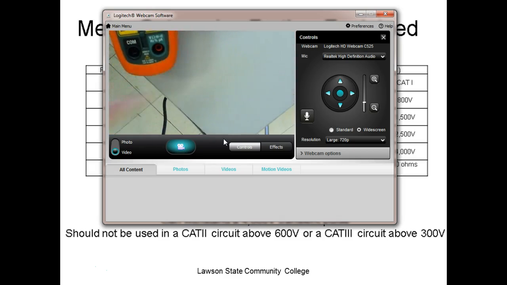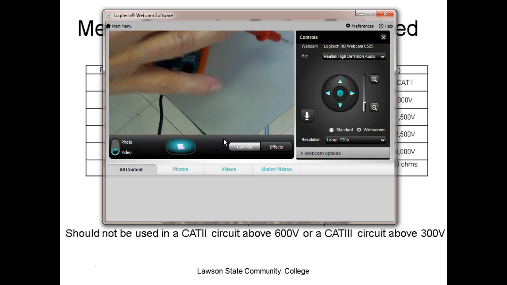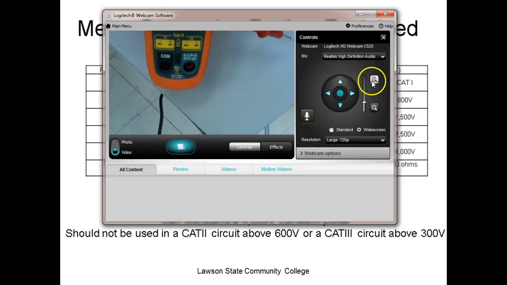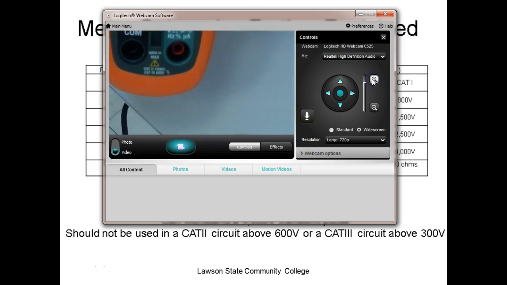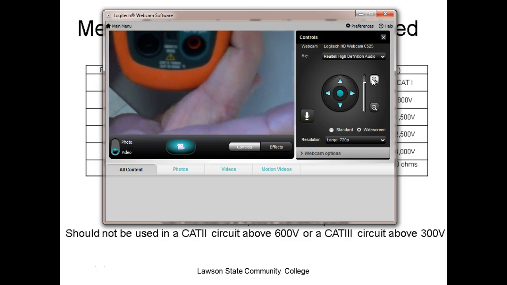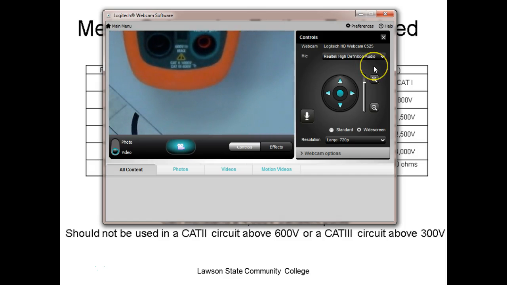I can't get it. Use the zoom in function on that software. I don't know if that'd work. Let's see. Yeah, there we go. Just kind of weird. And I think I can manually focus it too.